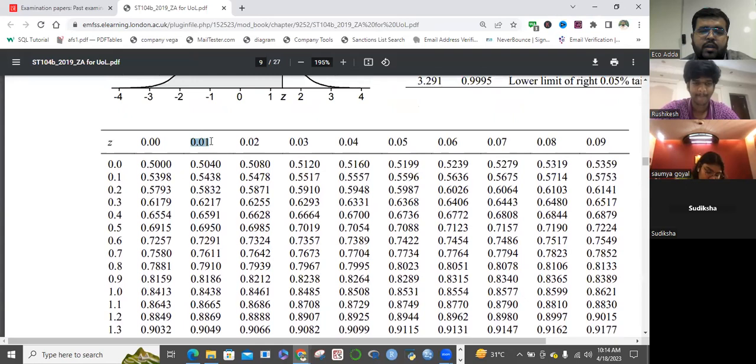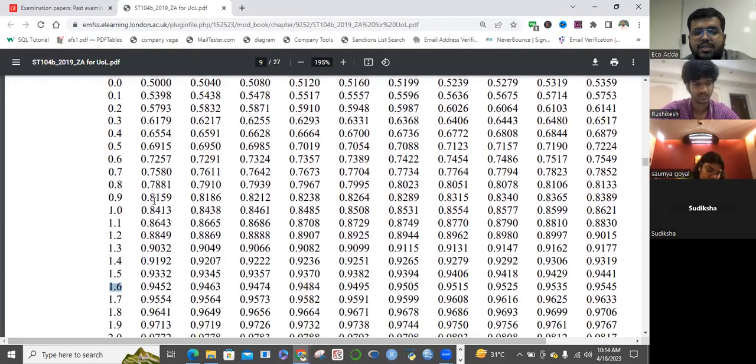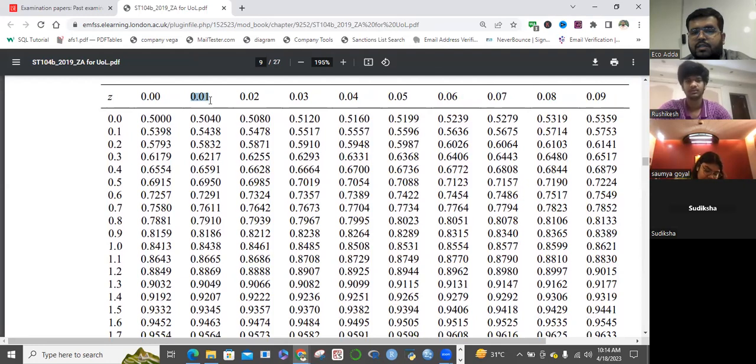But if I look here, this is 0.01. So all you need to do is add here: 1.6 plus 0.01 is 1.61. Can we say that? Yes, sir. So in this case, I am looking for this value.